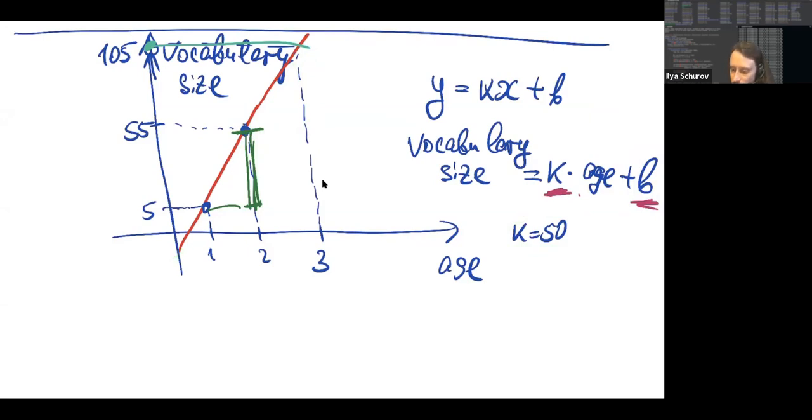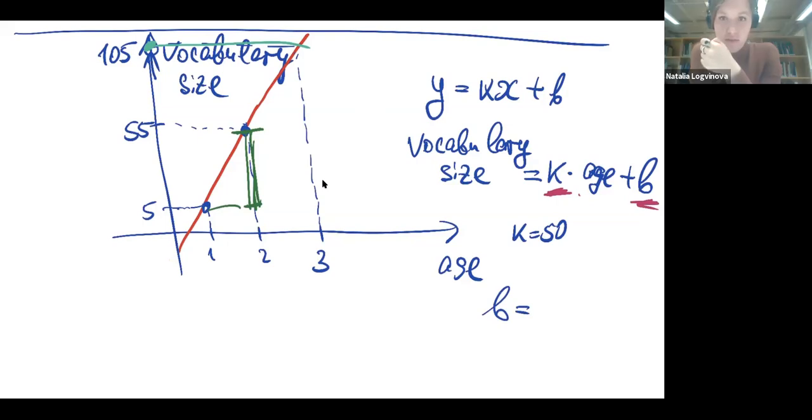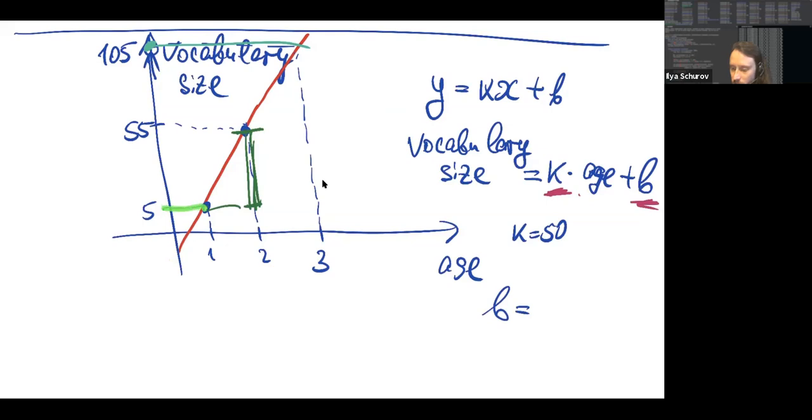So if we want to find the value here, actually, if I believe in these numbers, then I have to say that b equals minus 45. Yeah, I have to make one step to the left. So it means that I have to make 50 steps to the bottom.